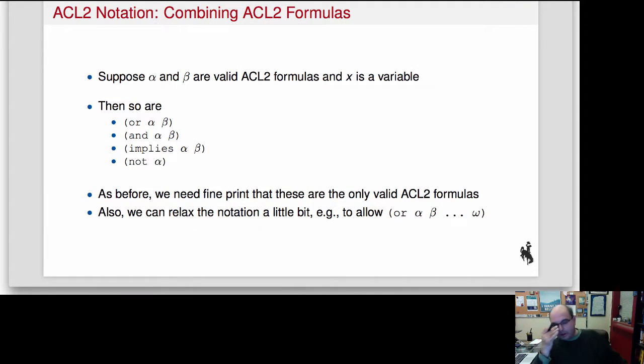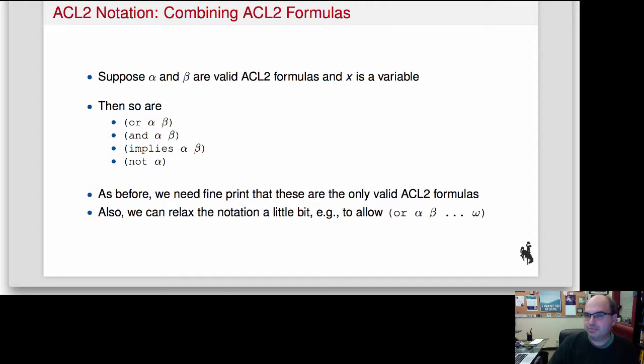Okay, so how do we combine ACL2 formulas? We've seen the atomic formulas, and we're going to use the same sort of rules. Suppose that alpha and beta are valid formulas in ACL2, then (or alpha beta) is a valid formula. And notice the syntax is parentheses, or, and then alpha beta. Again, that's the same format we use for predicates. It's actually the same kind of syntax we use for functions.